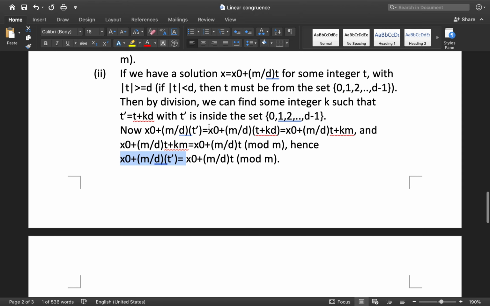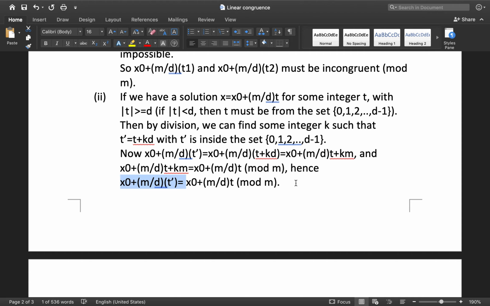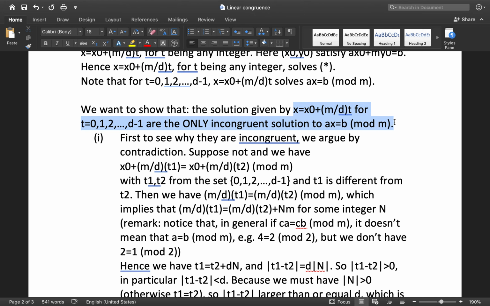But now I just proved that, by some choices of your t prime, you can make some other general solution congruent to some of the members here. So in fact, that means, therefore, those solutions given by this are the only incongruent solutions to this problem.